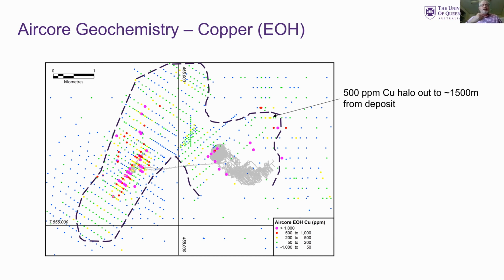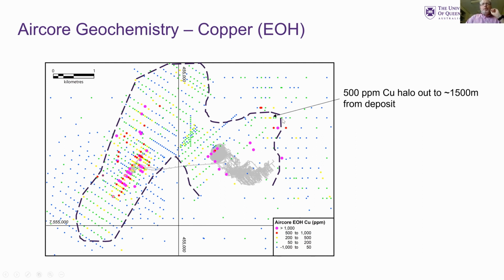So the interesting thing to see here is that if you have a look at this copper halo, it outlines a pretty significant area, and the green is 50 ppm in the assays. You can see that there's a pretty significant area outlined by at least the 50 ppm value of copper, and more so actually over here, over the top of the Coolthorpe deposit.